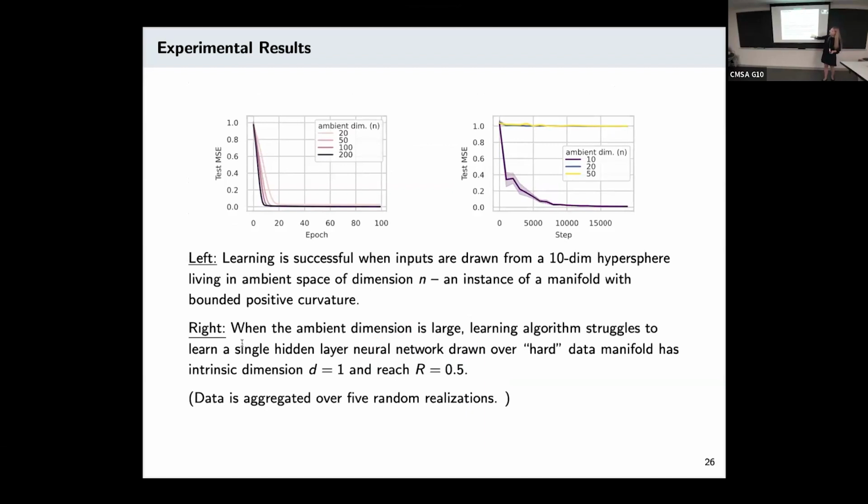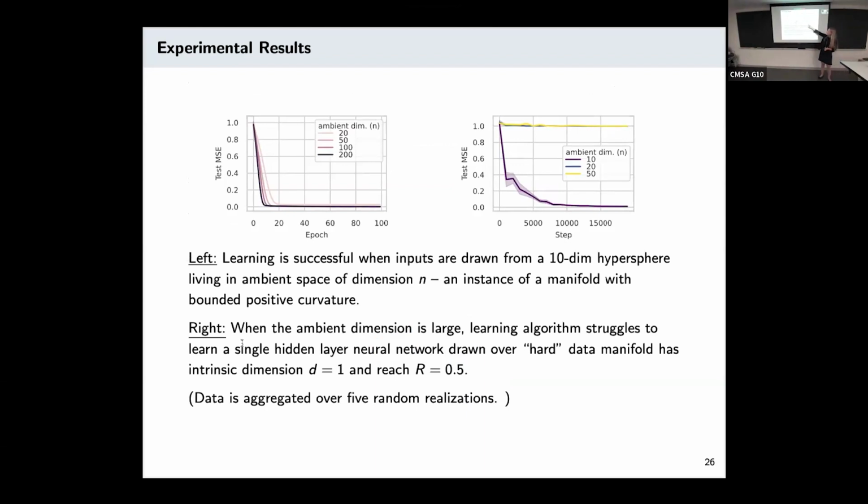So we look at the hypersphere and train a feed-forward neural network, and then we sample from this pathological example and try to train a neural network. You see here in the learnable setting, this works really well. The network trains very nicely, so that aligns with our theoretical intuition.